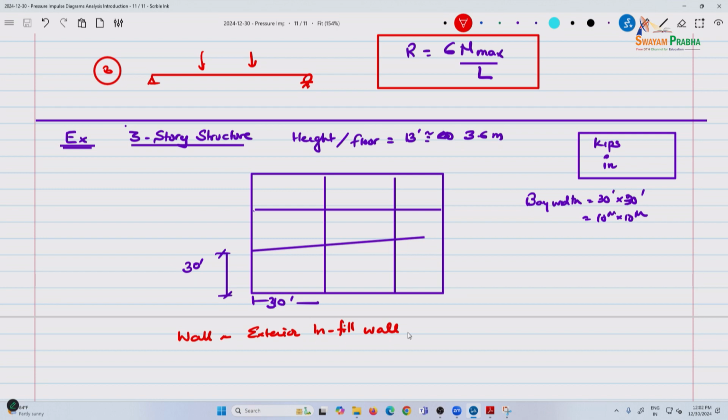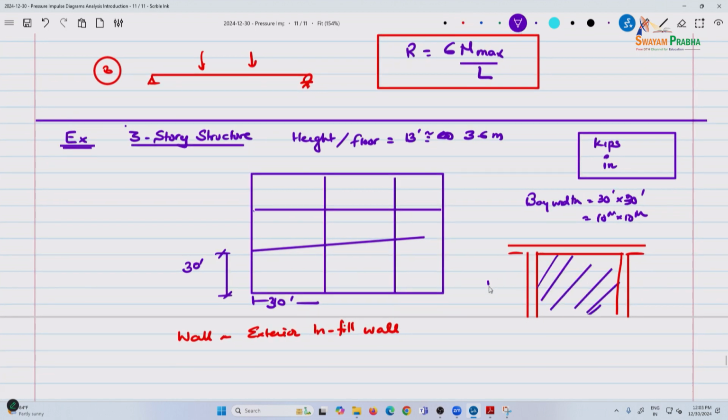So here you have an exterior infill wall. As we have seen, this is your column and your beam, and this is the infill wall. The exterior infill wall is a one-way slab system.